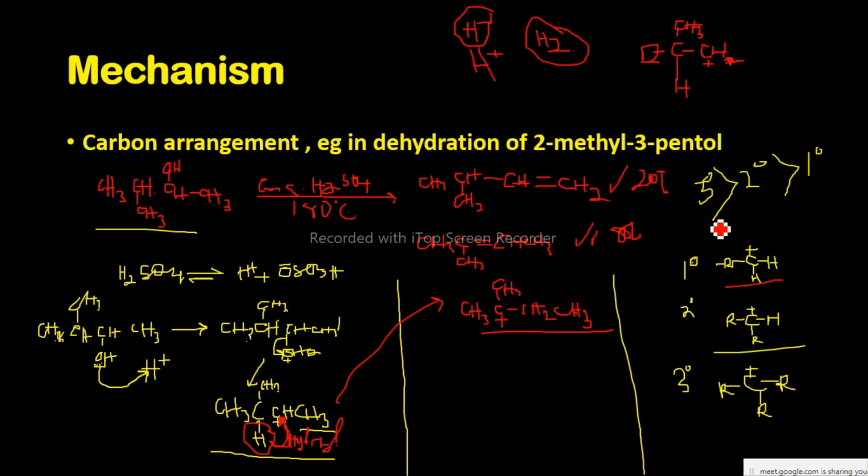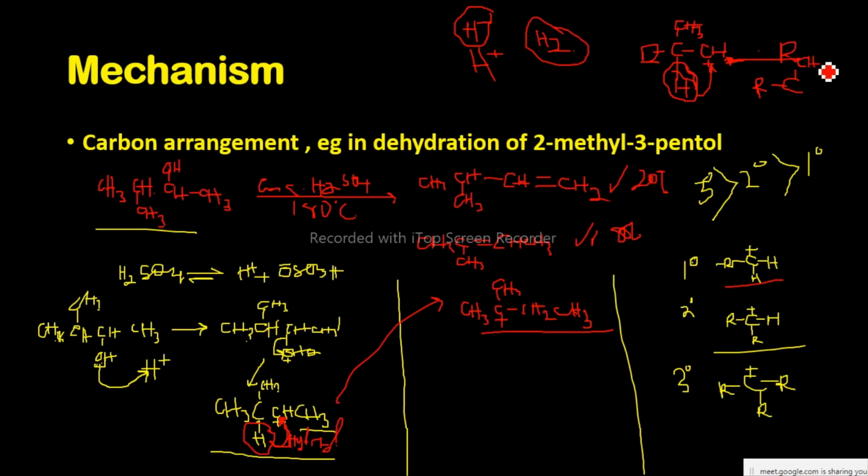So as a result, this one is going to undergo what we call a hydride shift, where this hydrogen is going to shift as a hydride with its 2 electrons from this carbon to this new carbon. So as a result, you form a secondary carbocation: R, then C, then CH3, CH3.